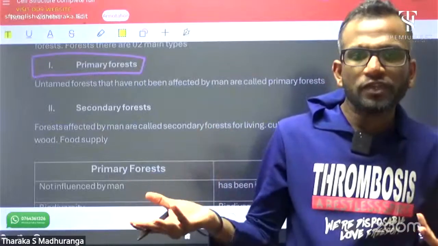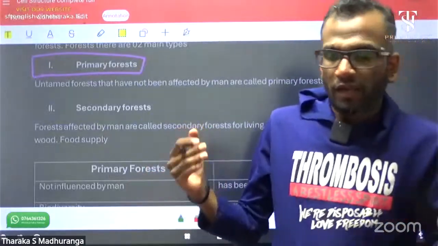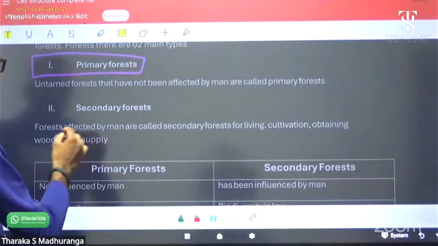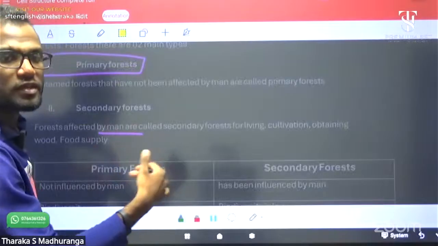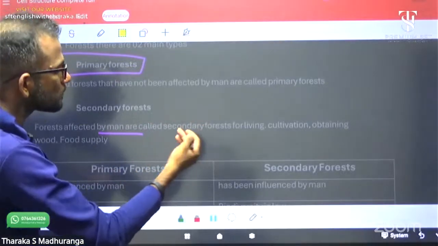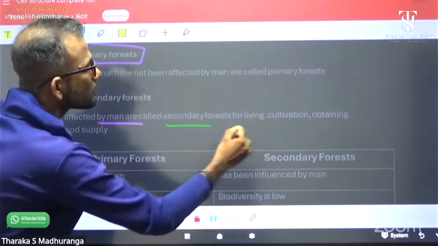Completely natural forest we call primary forest. After, due to any reason, a forest affected by man, after human intervention and growing, is called a secondary forest.